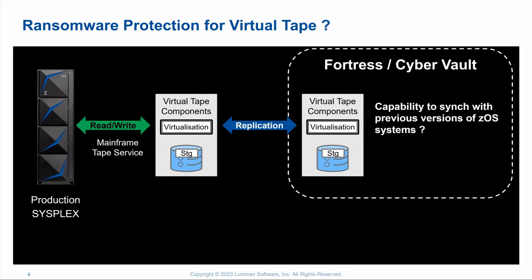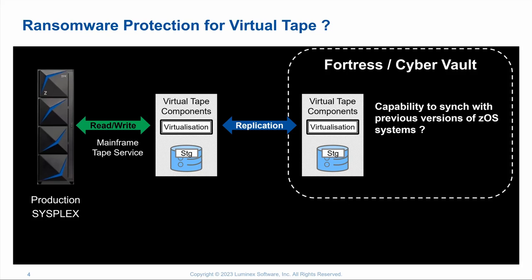It can be dual site, multi-site, various replication types, synchronous, asynchronous, etc. And then you're going to be looking to generate a version of your virtual tape environment in your Fortress or CyberVault, plus the capability of being able to roll that back to match previous versions of your potential snapshot z/OS environments.